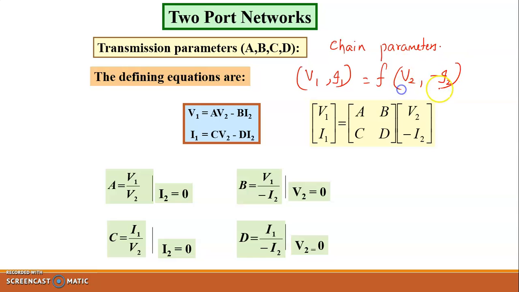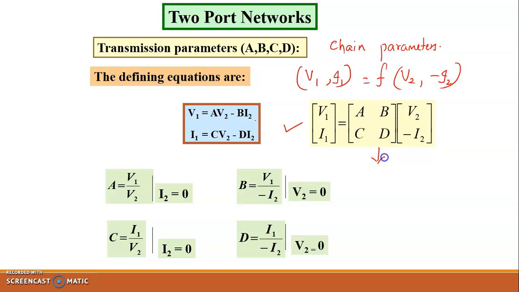So here you have a minus sign. The input voltage V1 and input current I1 are represented in terms of the output voltage V2 and output current I2. In equation form I can write V1 is equal to A V2 minus B I2, and I1 is equal to C V2 minus D I2, or in matrix form, the vector V1 I1 is equal to the matrix ABCD times the vector V2, minus I2.